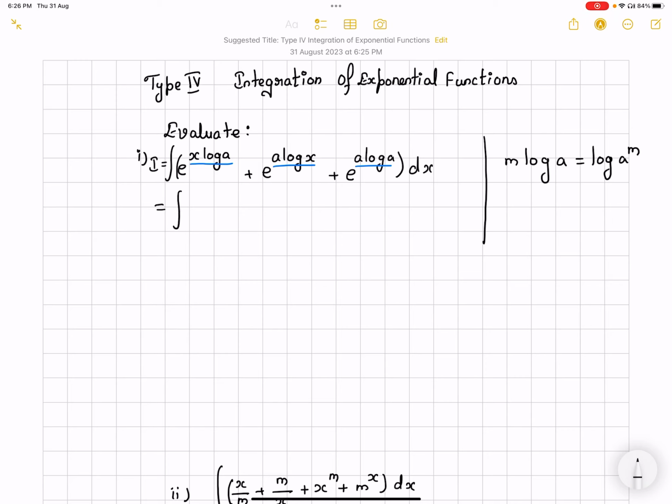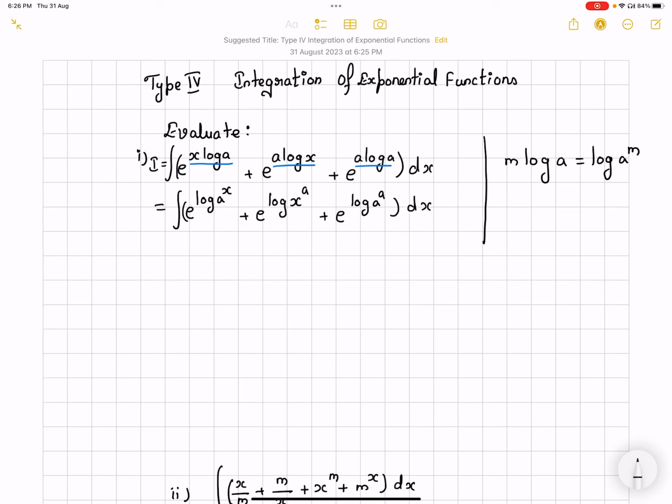So it's going to be e raised to the power of log of a to the power x plus e raised to the power of log of x to the power a, and then plus e raised to the power of log of a to the power a, and then dx.